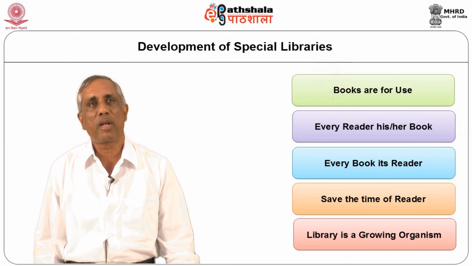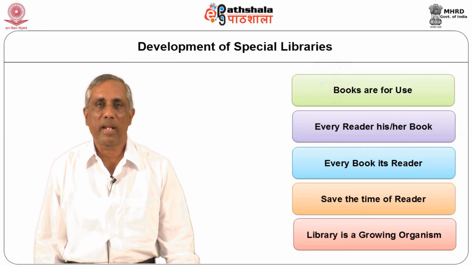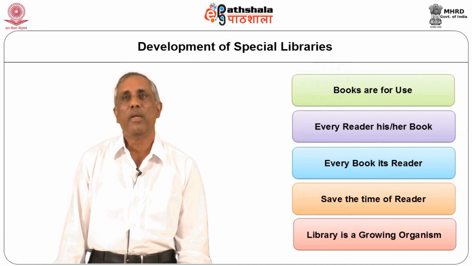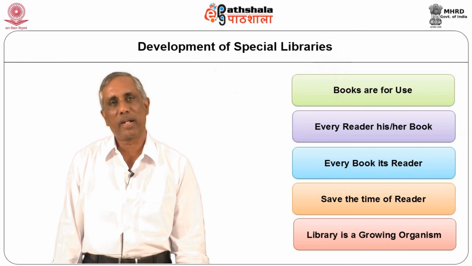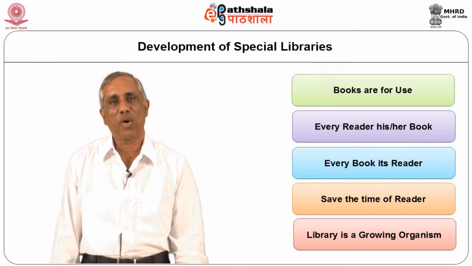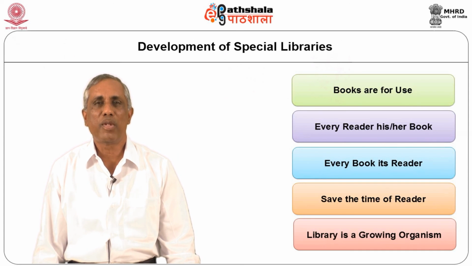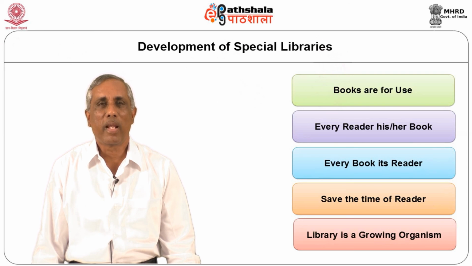Especially the last law, library is a growing organism. Don't take it only as a library, you can take it as a resource center or a knowledge organization. Nowadays many new concepts have emerged, but whatever they may be, they are related to the library only.